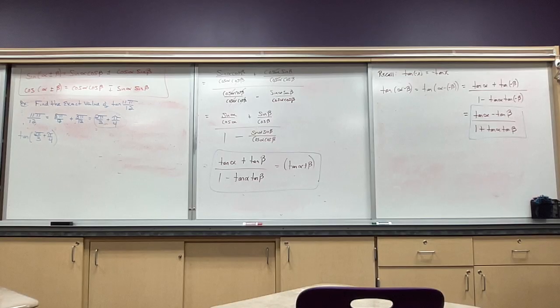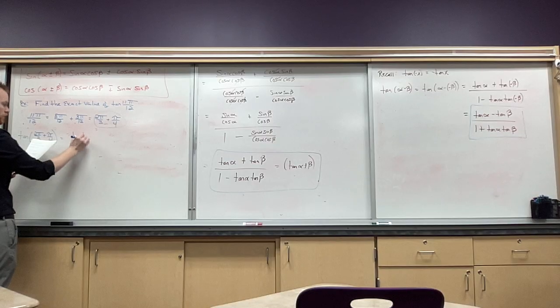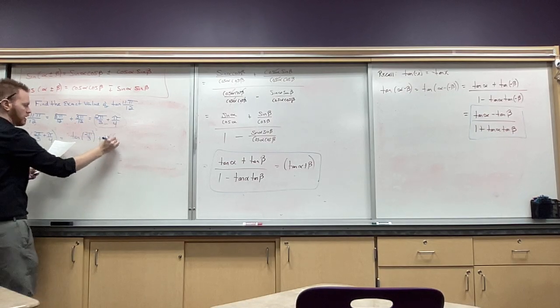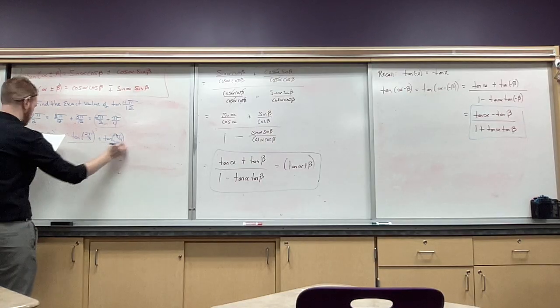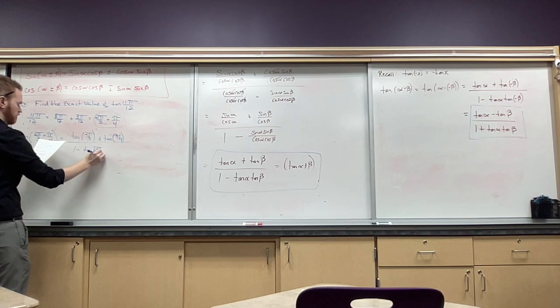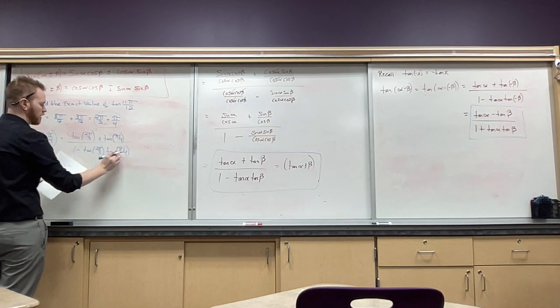I'm just going to plug those values into there and simplify. So this is going to be tangent of 2 pi over 3 plus tangent of pi over 4 all over 1 minus tangent 2 pi over 3 times tangent of pi over 4.